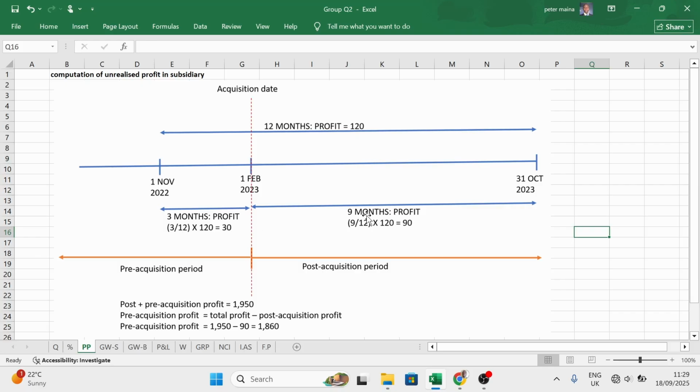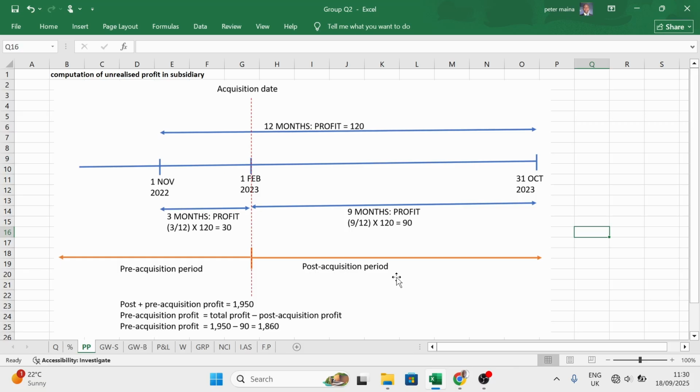Profit for 9 months was made after the date of acquisition, which makes it a post-acquisition profit. This dotted red line separates the two periods. This side is the pre-acquisition period. From the line to the right side, this is the post-acquisition period.